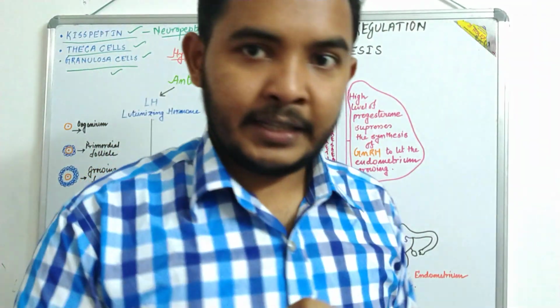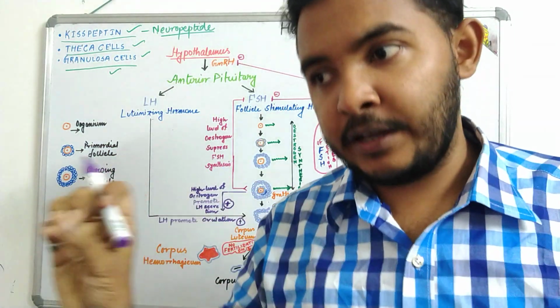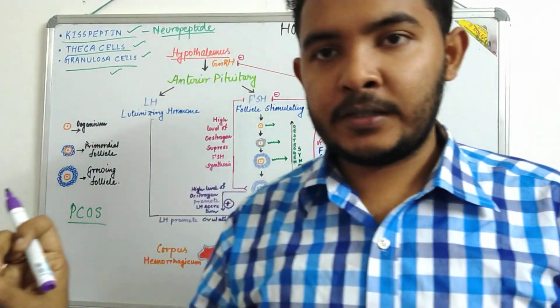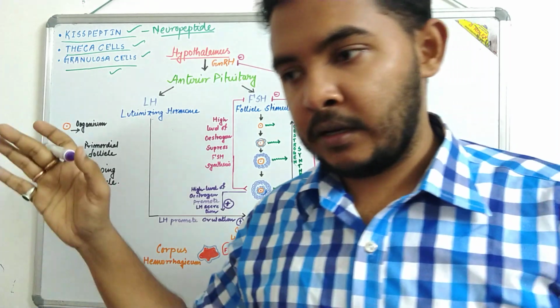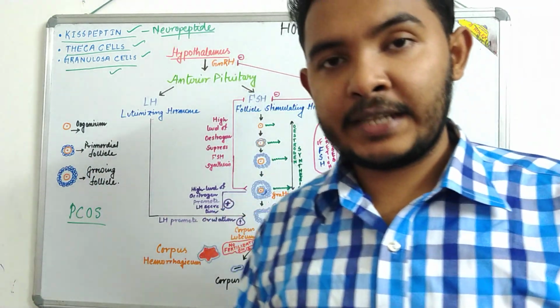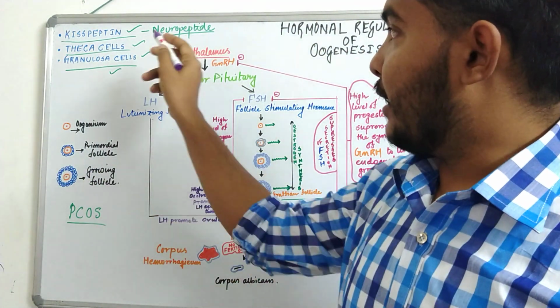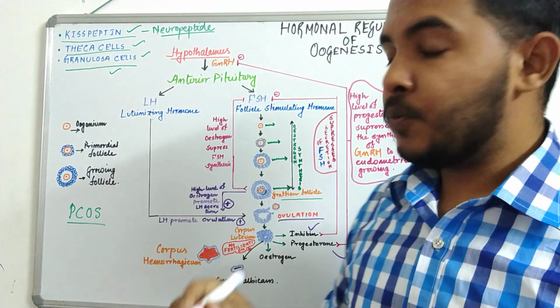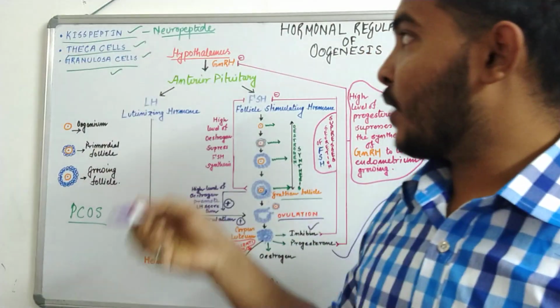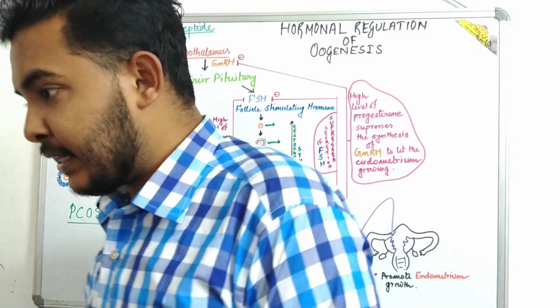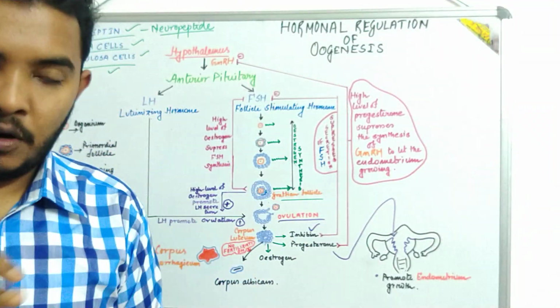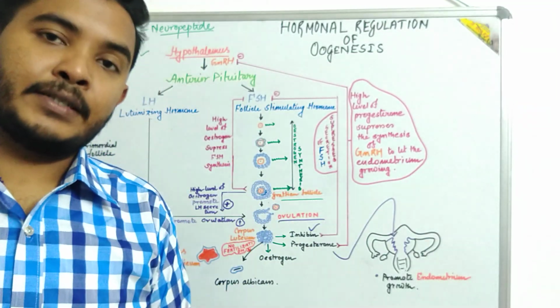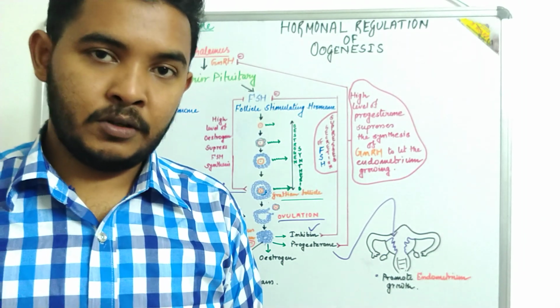So what is GnRH? It starts at puberty, at the very start of this female ovarian cycle, menstrual cycle. It tells the hypothalamus to produce GnRH, and that leads to the normal flow, the normal sequence of all the incidents throughout the life cycle of the woman.